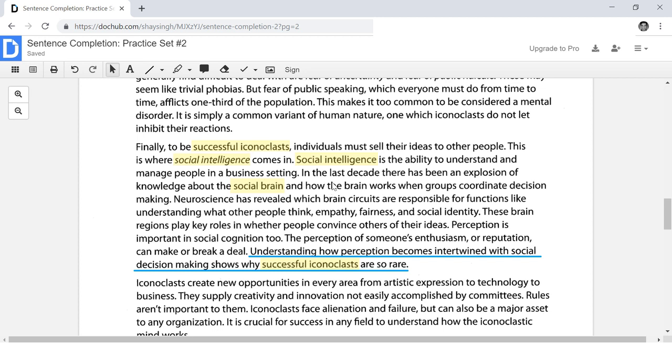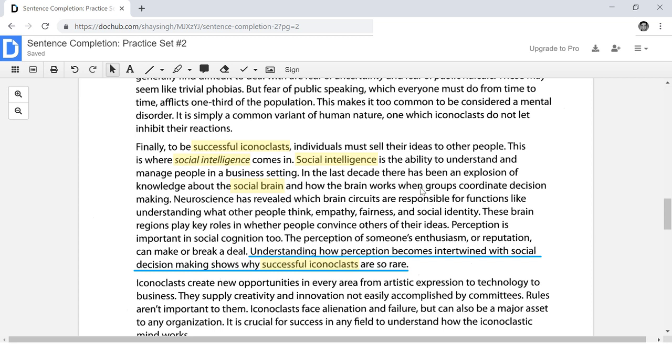Well, it's important or useful to iconoclasts because these brain regions play key roles in whether people convince others of their ideas. Basically, social intelligence helps you to convince other people more effectively. And we read about that up here, remember? It said that to be successful iconoclasts, individuals must be able to sell their ideas to other people. They must be able to convince other people. So that is going to be our answer.